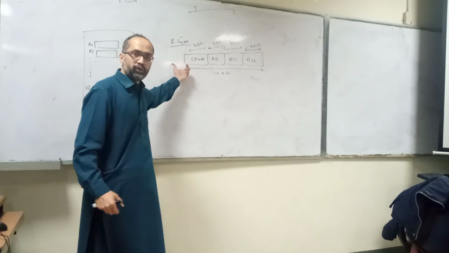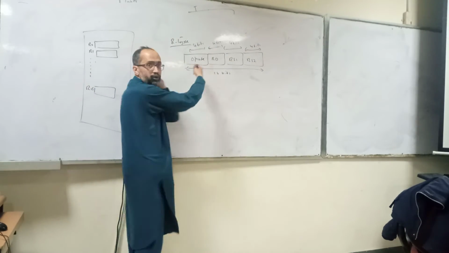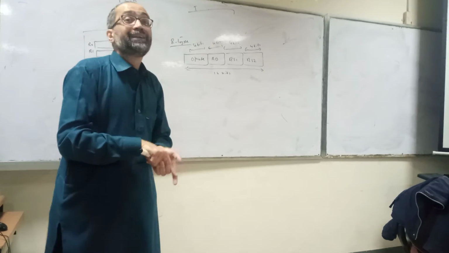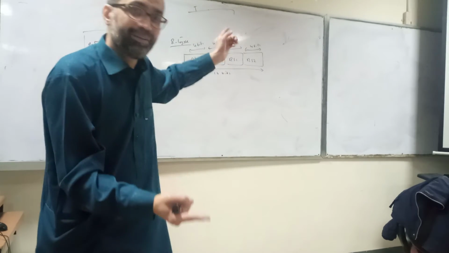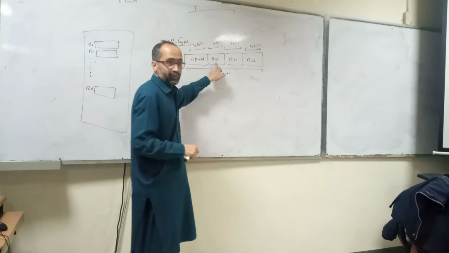If you increase the opcode size to 5 bits, 32. If you increase the size to 6 bits, 64. So if you increase the size of the opcode, it will determine the number of opcodes that will be supported by the microprocessor. Okay, now the RD field.